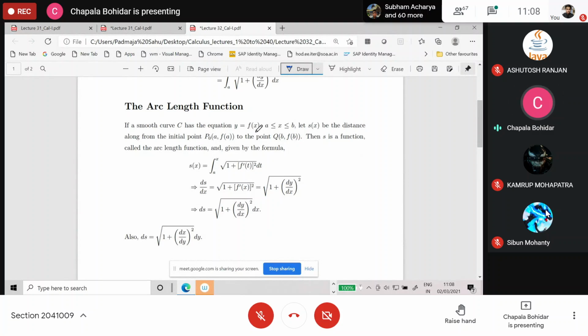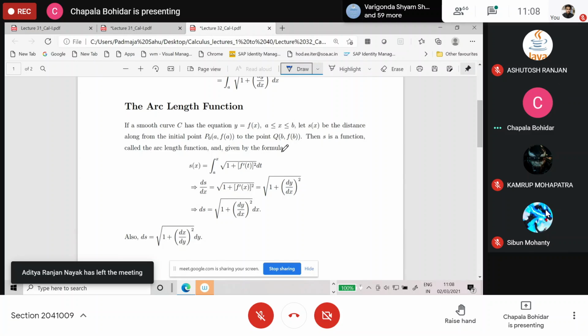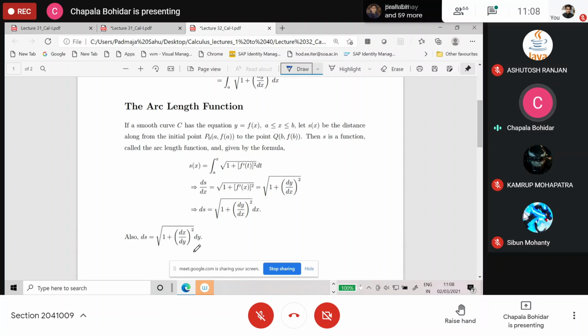If x is a function of y, and y lies between c to d, and the initial and terminal points are P0, that is c, f(c), to the point Q, d, f(d), then we also write ds is equal to root over 1 plus (dx by dy) square dy.